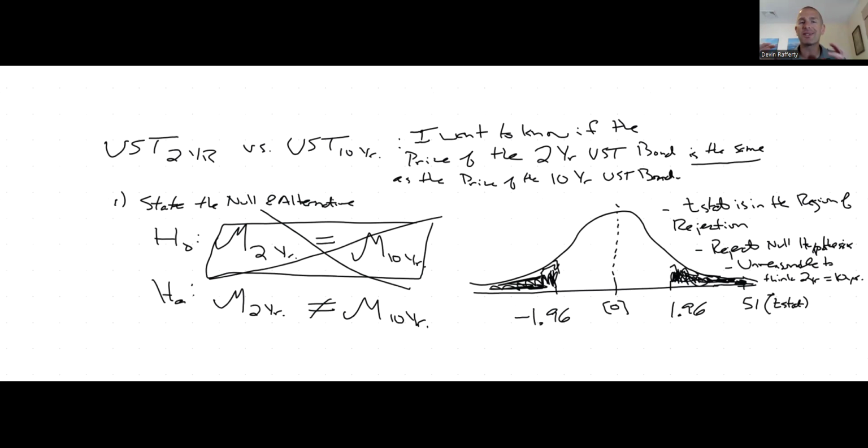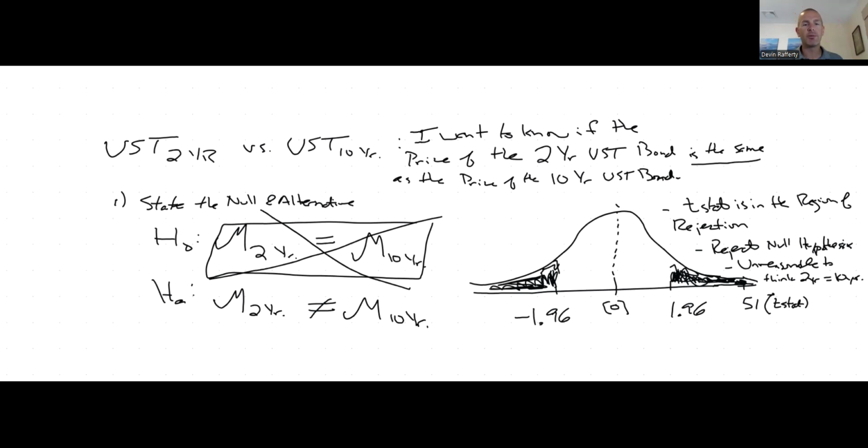We just want to know if the prices are the same. If you wanted to know what the price was, then you would run a one-sample hypothesis test. But we don't care if that price is $5, $55, or $115. We just want to know if they have the same price.